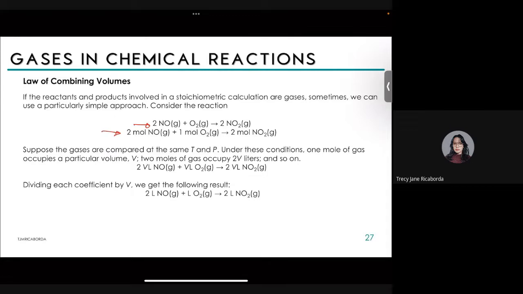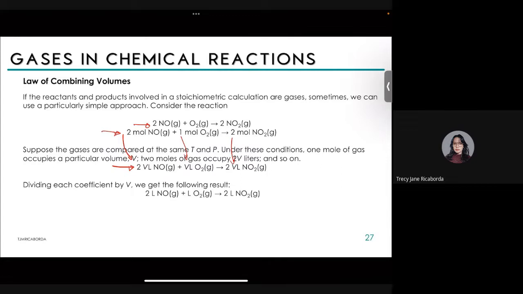Now, suppose that the gases are compared at the same temperature and pressure. Under these conditions, 1 mole of gas occupies a particular volume, V, and 2 moles of gas is 2V, 3 moles is 3V, so on and so forth. So ito yung equation natin in terms of volume. Do you see? Pareho silang ano, di ba?